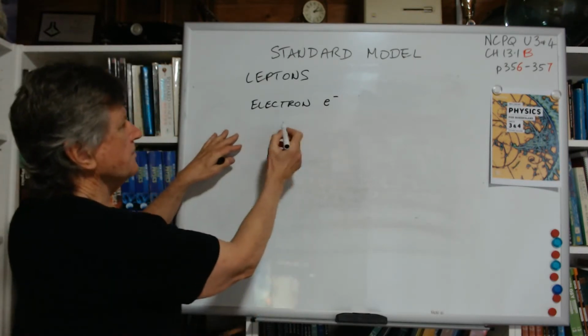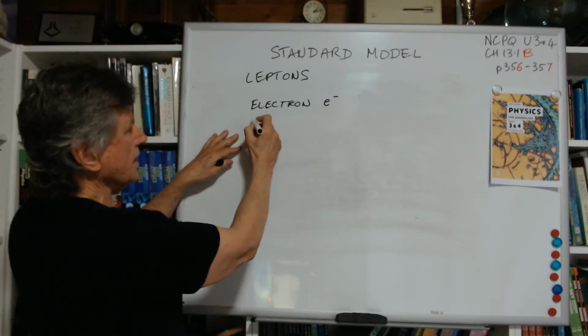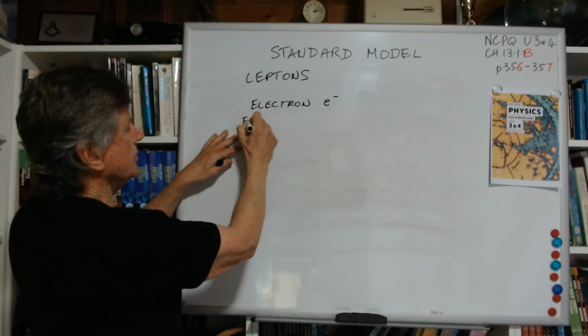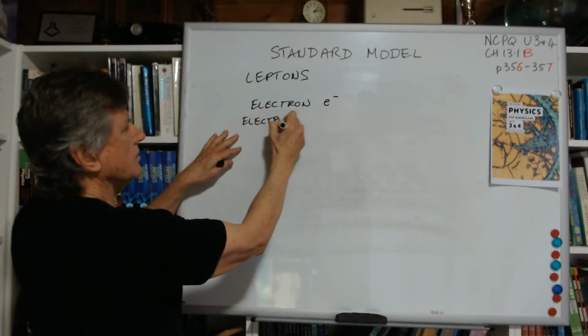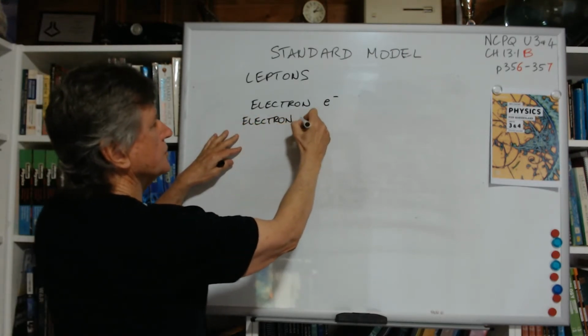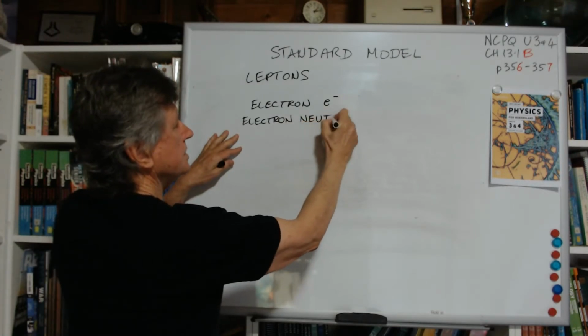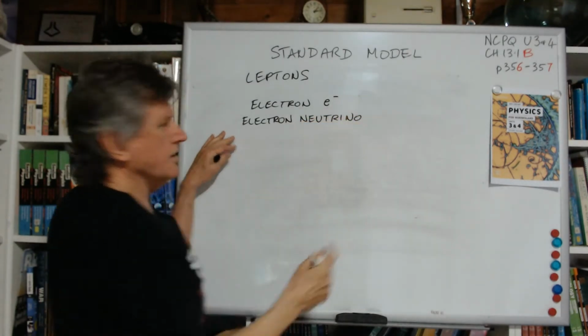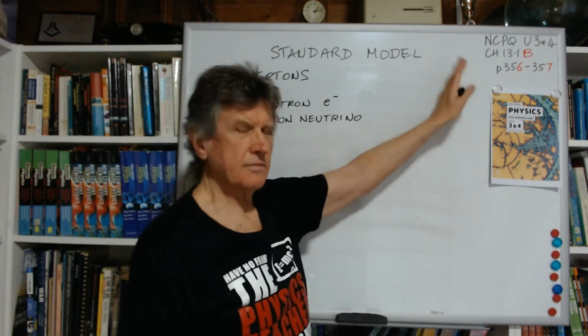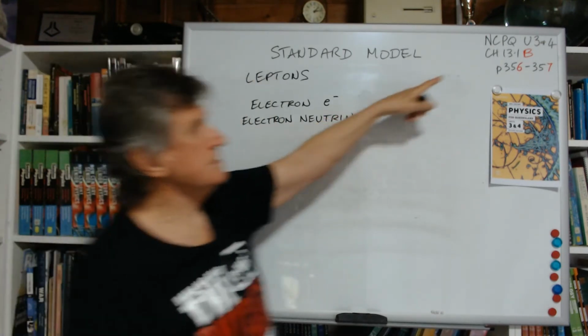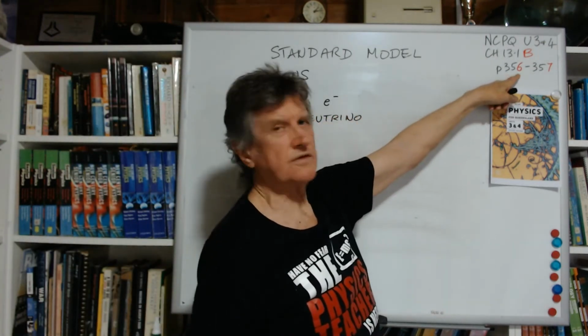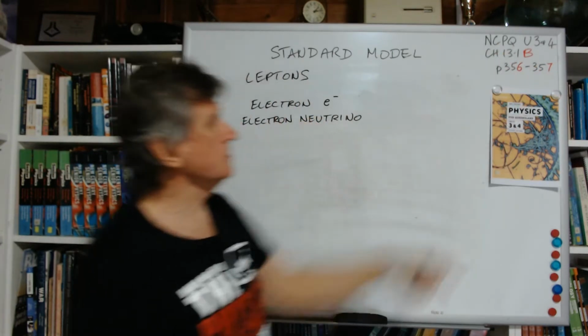Okay, so there was the electron, and there's this thing called an electron neutrino. Now I'll write the first one out. Neutrino, N-E-U-T-R-I-N-O. Now if you've done your work, you'll know from the textbook, and this is around about page 356, 357 from that book.